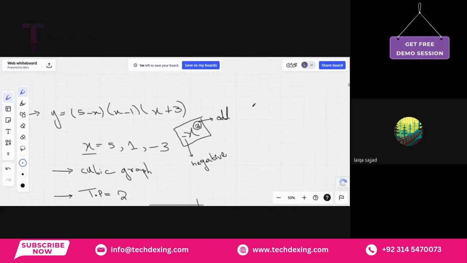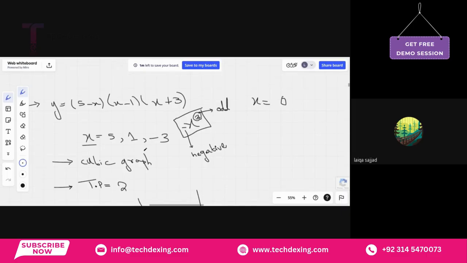To find the y-intercept, we know that we have to make x equal to 0. So what would be the value for y?